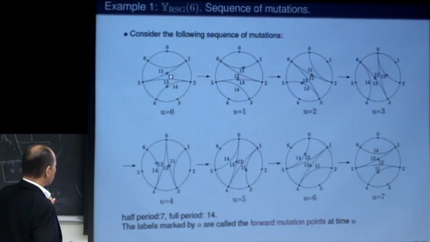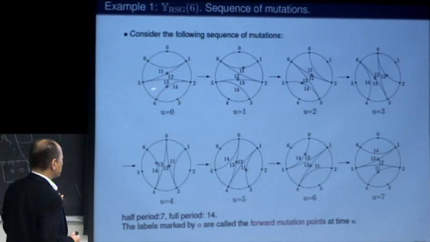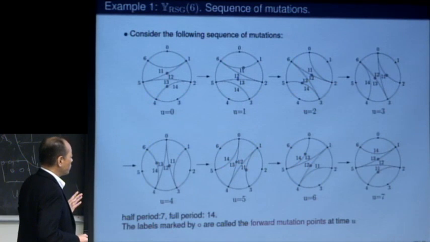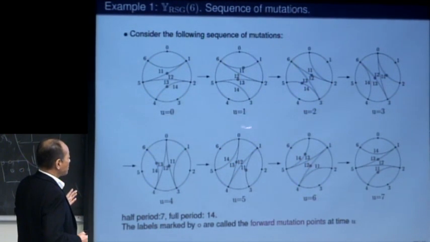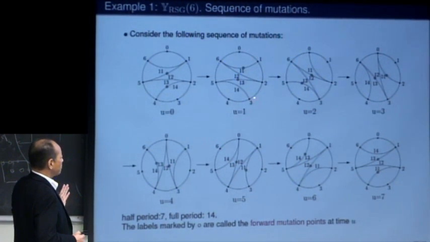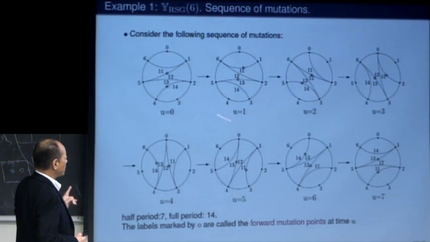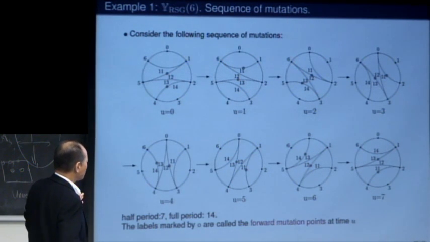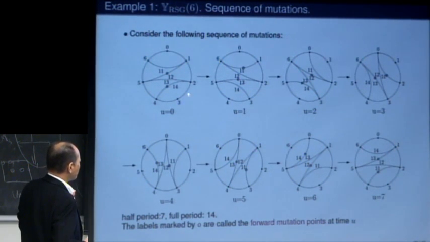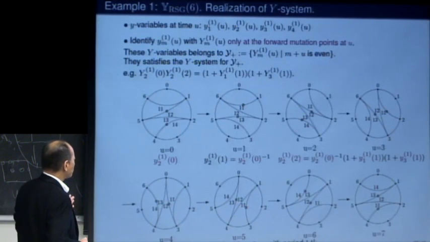And later we call this point the forward mutation point, because this diagram moves in a forward way. I just proved that the y variable attached to this one, I mean a small y variable, is periodic by using this geometric method. But we have to identify this with our y system. Identification is as follows.